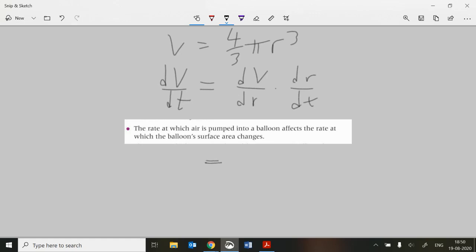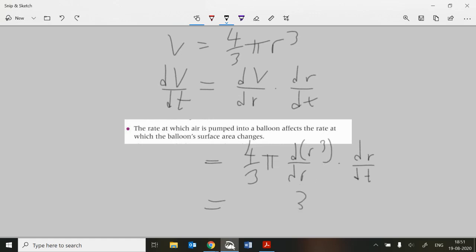So that's the same as saying dV/dr, well, let's take out the 4/3 pi, and then we're left inside with r cubed, and then we're doing the dr/dt. So you can have these kind of strings of derivatives sometimes in your questions here. Although we're dealing with this with implicit differentiation, I think that's what I was saying at the start of the last exercise, implicit differentiation is the overall technique which we're using here, but sometimes it can be split up into just one single use of the chain rule, or maybe two uses of the chain rule.